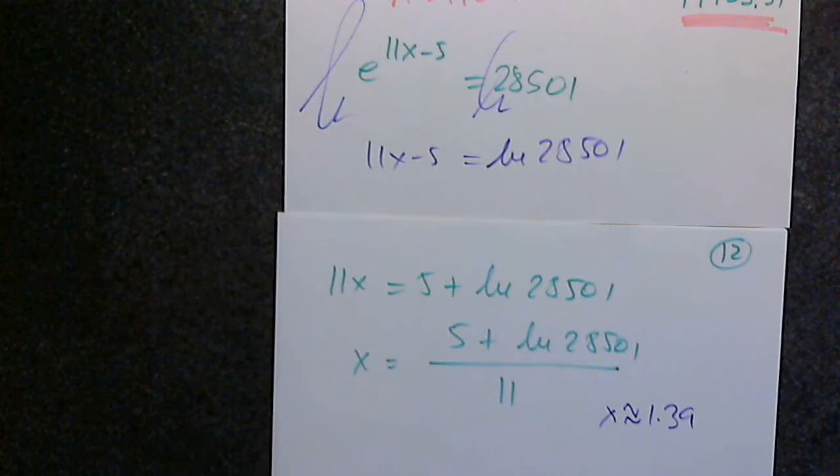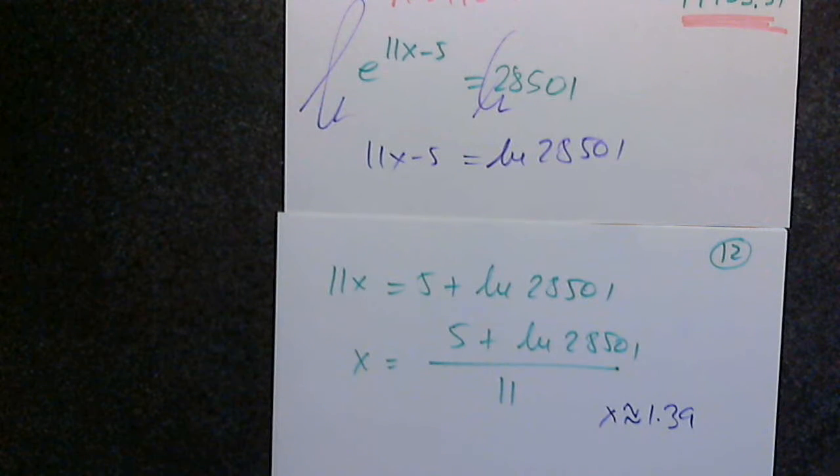And we can always go back and check. If it's approximately 1.39, would you like to check? Okay, very good. So we do second and e, in parentheses, 11 multiplied by the previous answer, minus 5, close the parenthesis, bring down negative 3.